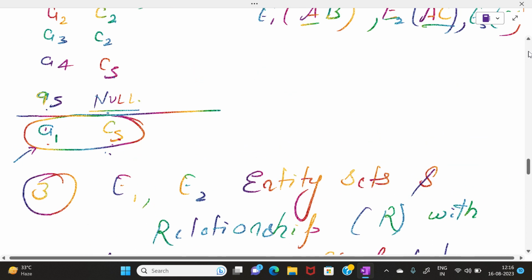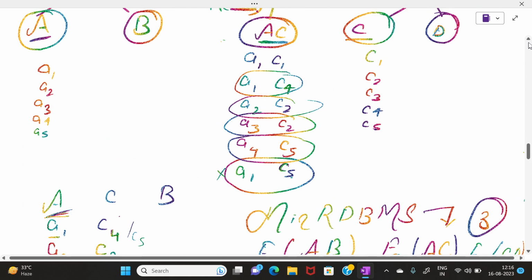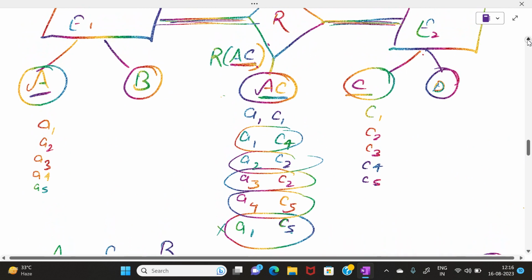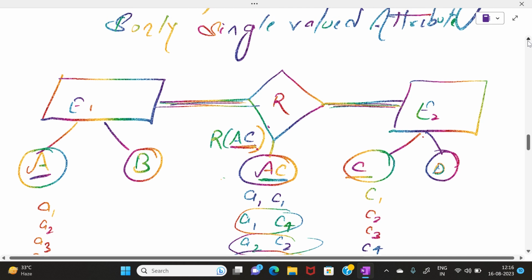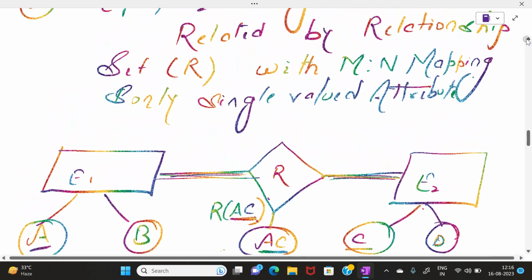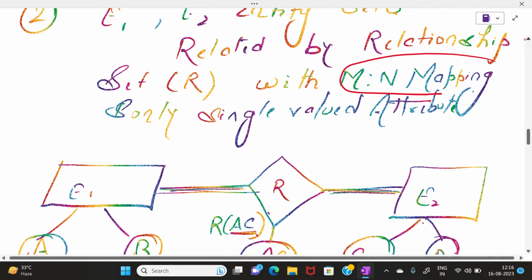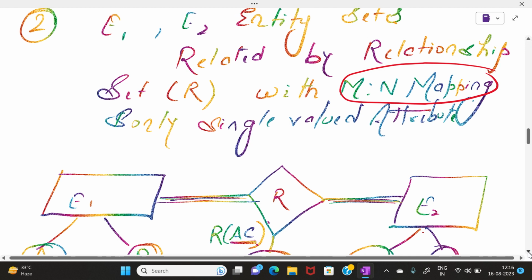Before that, I would like to tell you why, in the previous diagram, we were not able to combine them together as one in the many-to-many mapping. Why we were not able to combine them into two tables is because of this only.